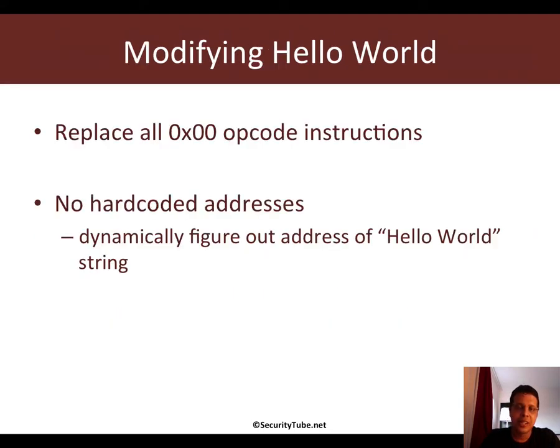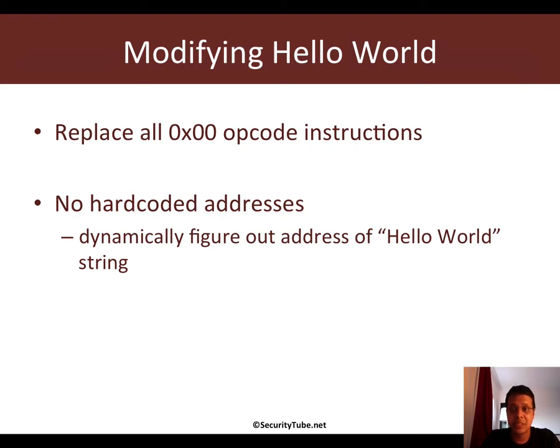What we would find when we take our hello world.nasm, which we created earlier, and try to convert that into shellcode, is that there are going to be a ton of 0x00s in it. So we would have to ensure that we replace all of that with non-zero opcode instructions. Apart from that, please keep in mind that we cannot have any hard-coded addresses inside of a shellcode.